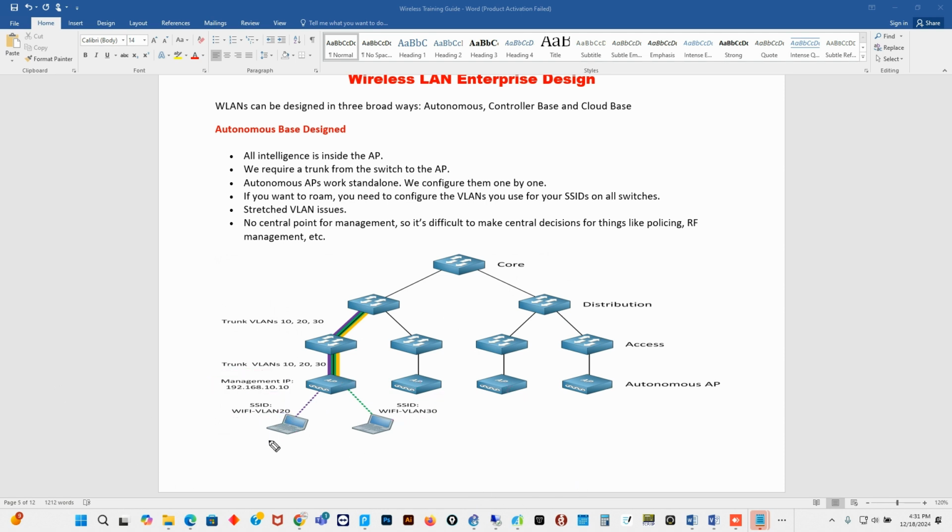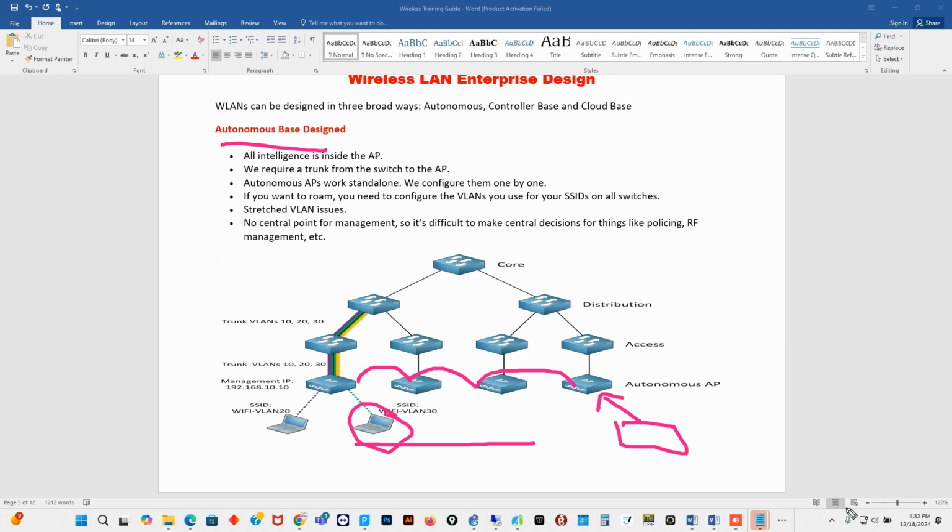If a user moves with their PC to this location and has to be connected to this Wi-Fi, there is not a problem, but it means that you have to configure the same SSID and VLAN on all APs. That information should be on all APs so that you can enjoy roaming in that context. That is not really fun for bigger environments. This is one of the limitations you have to know about autonomous based design.